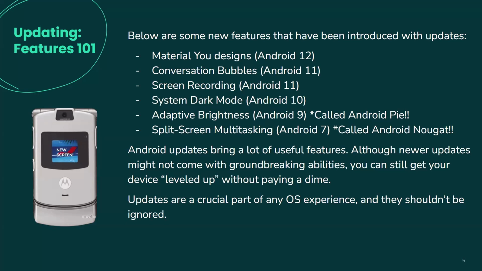In Android 10, they added a system dark mode. And in further back versions, there was adaptive brightness and split screen apps. These Android updates bring a lot of useful features. Although newer updates might not come with groundbreaking abilities, you can still get your device leveled up without paying a dime.